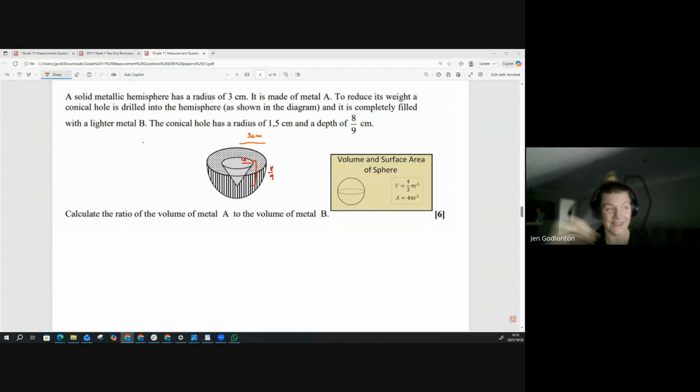If you need the volume of a cone, it's a third pi r squared h.